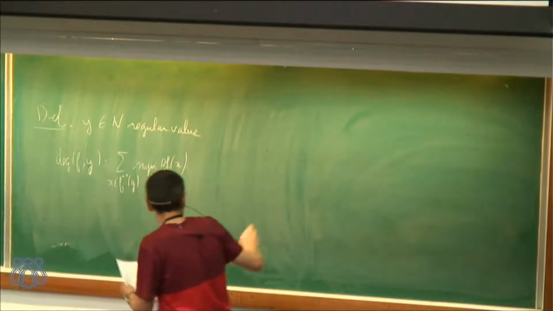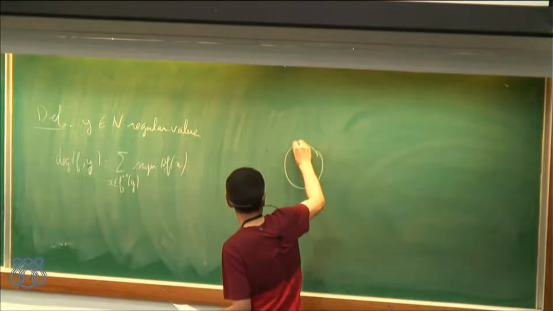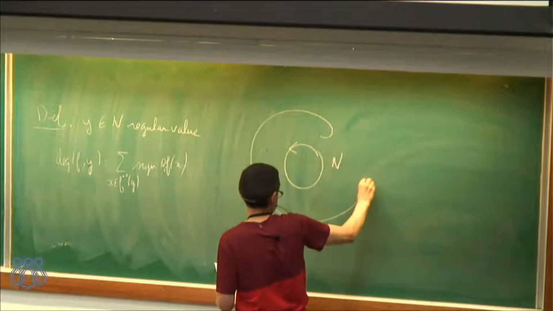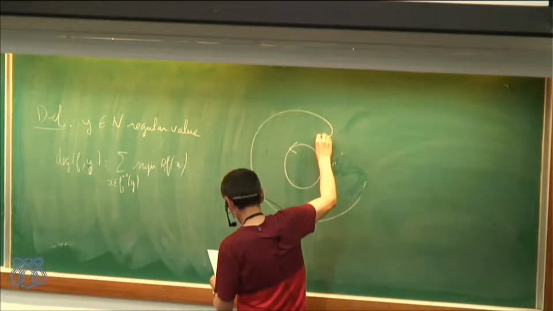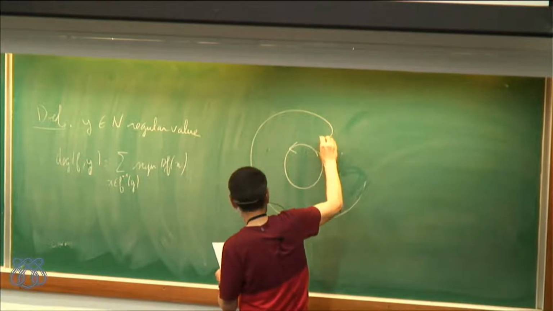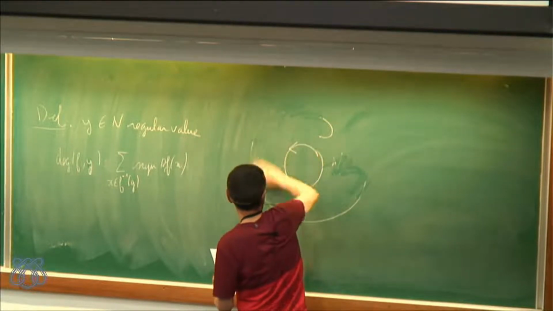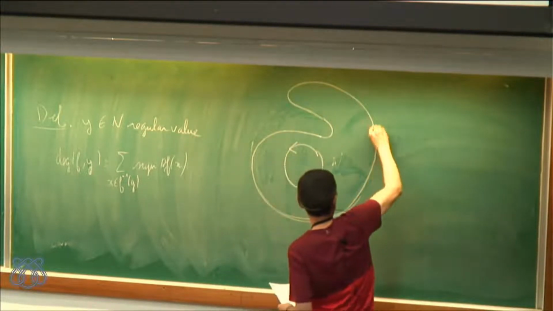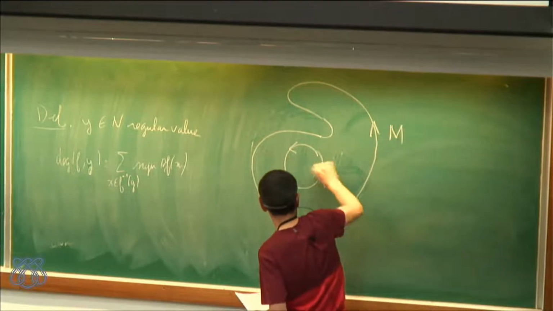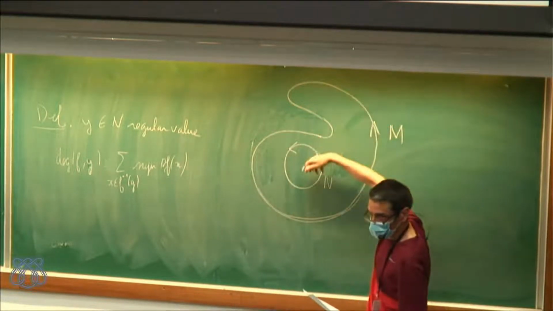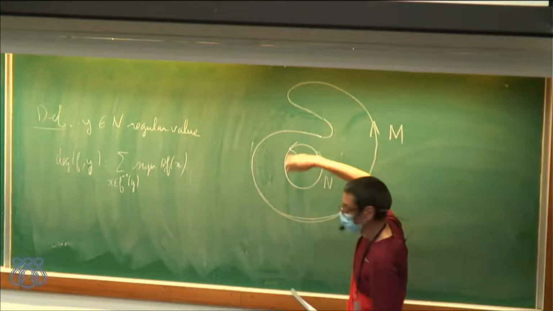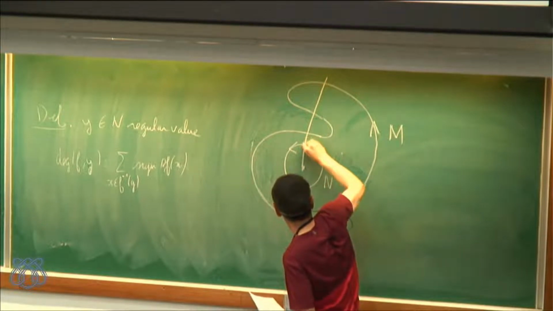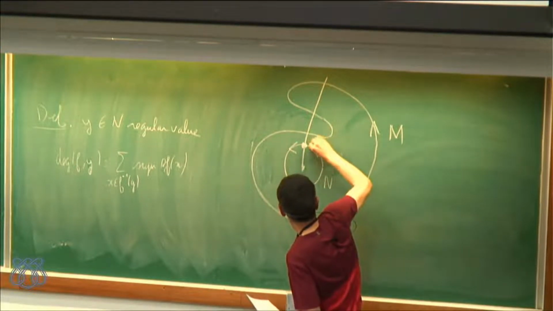So let me make a picture. So imagine this is N, and M is something like that. This is M. So this is N, the circle. And my mapping is just the radial projection onto N, the center of M. Okay, and here is F, y.